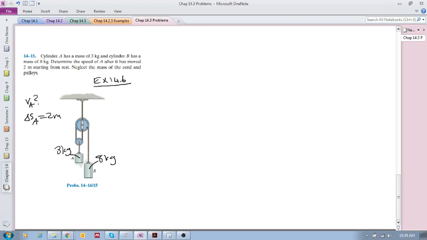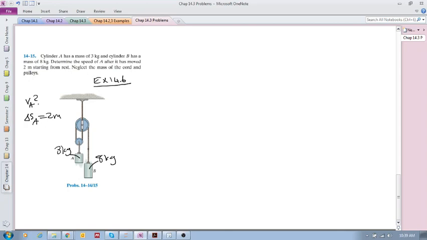So what you could do in chapter 13, you could analyze each of these particles independently, do a free body diagram of both of these. There's an example in chapter 13 using the principle of force and acceleration. But now we're using the principle of work and energy, and you can also isolate each of these particles and carry out the principle of work and energy for both of these.